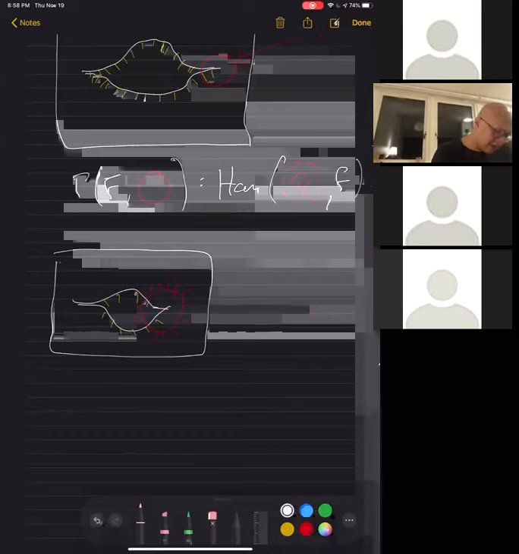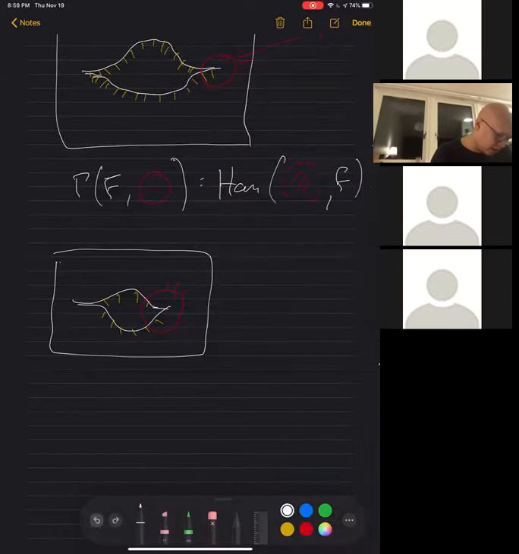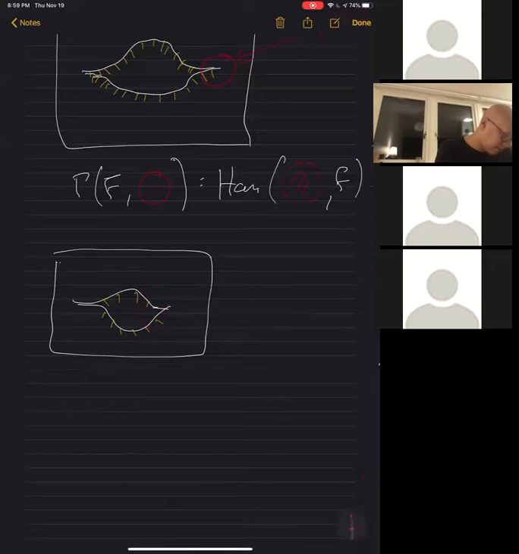Let me draw this open set a little bit more like this.